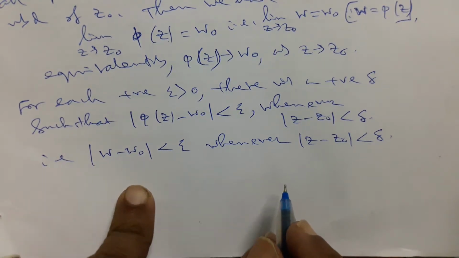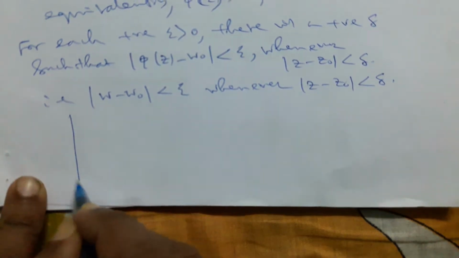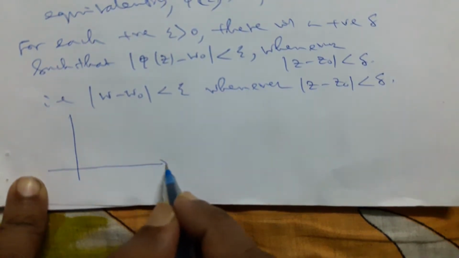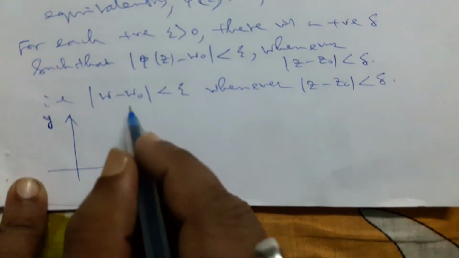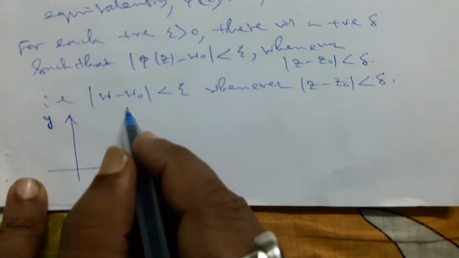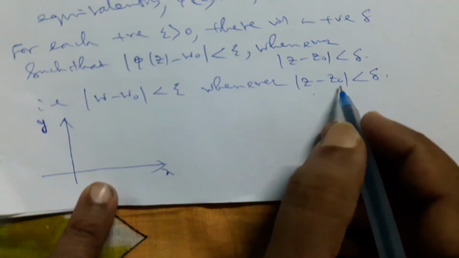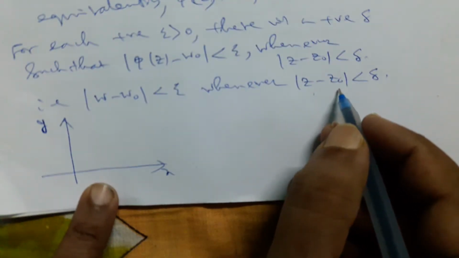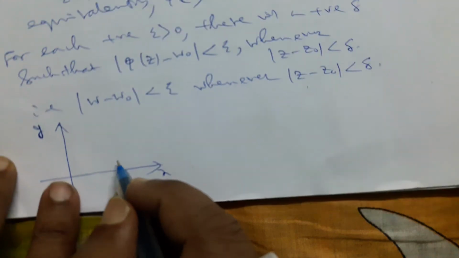Now some pictorial representations. Here it is a complex variable, so we need two pairs. One pair is x and y, because every complex variable can be written in the form x plus iy. So we consider z and Z0 represented in the xy plane, the Argand plane, which is basically not a real plane.